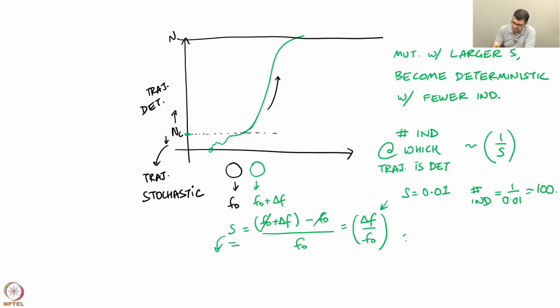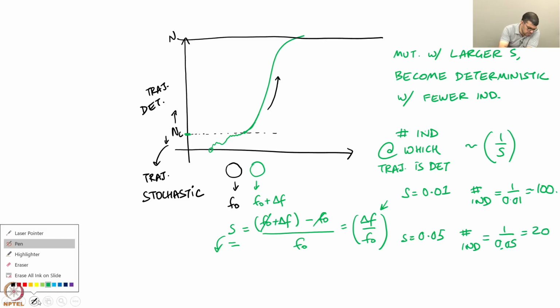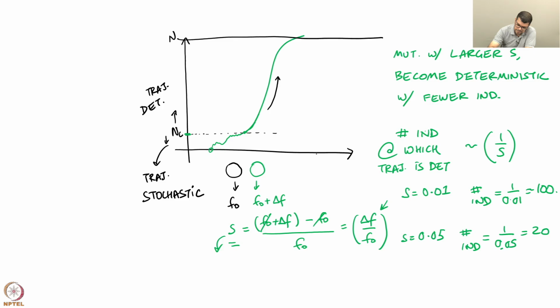On the other hand, if you have a mutation with a very large benefit, which is 0.05, in this case trajectory becomes deterministic when the number of individuals is 1 upon 0.05, which is 20. So, in that case, let us imagine that this mutation took place here and this was 20, it would go like this.